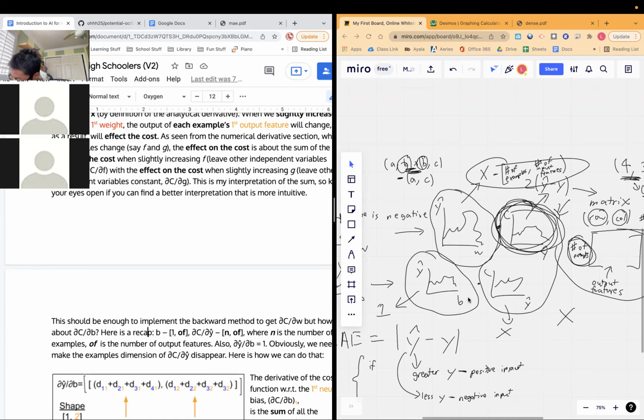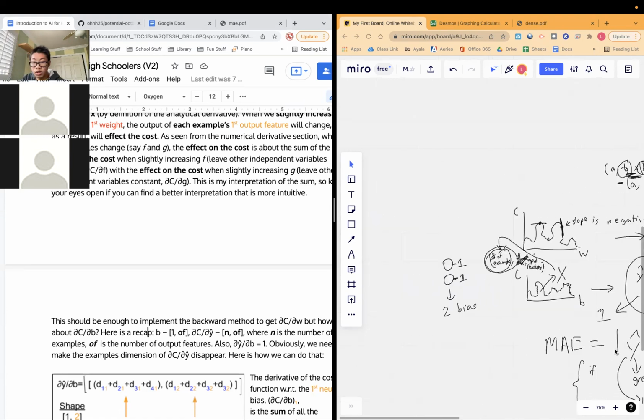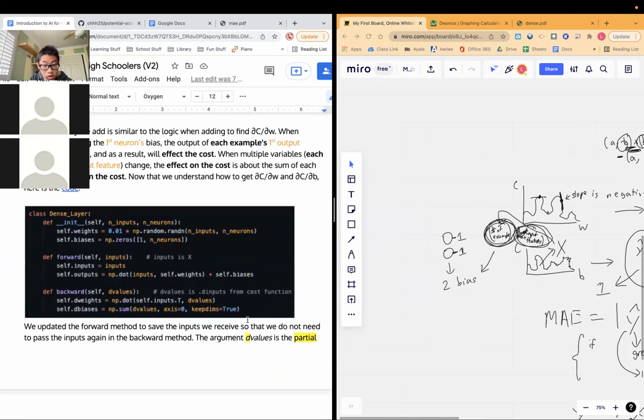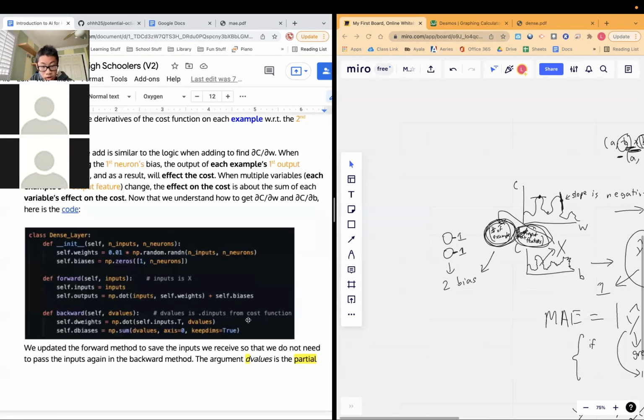The row is going to be the number of examples and the column is going to be the number of input features. Because of that, we need to figure out a way to get 2 biases. So what we need to do is, I kind of forgot how to do it.